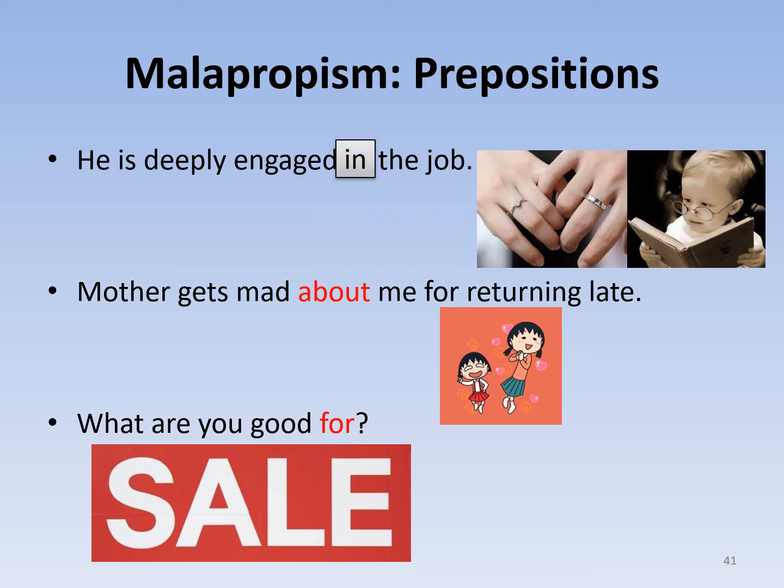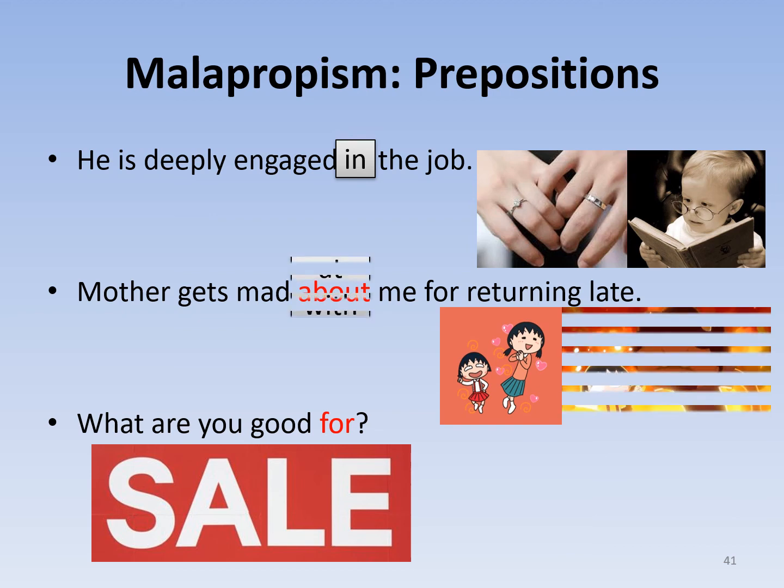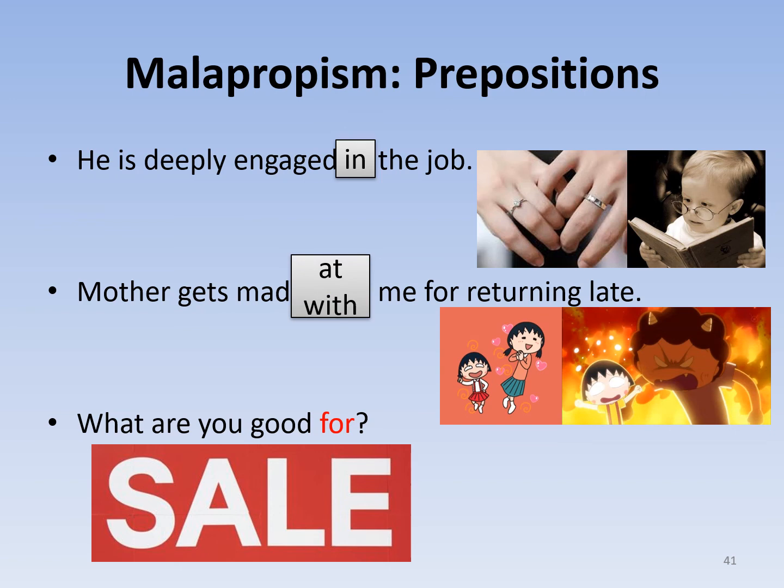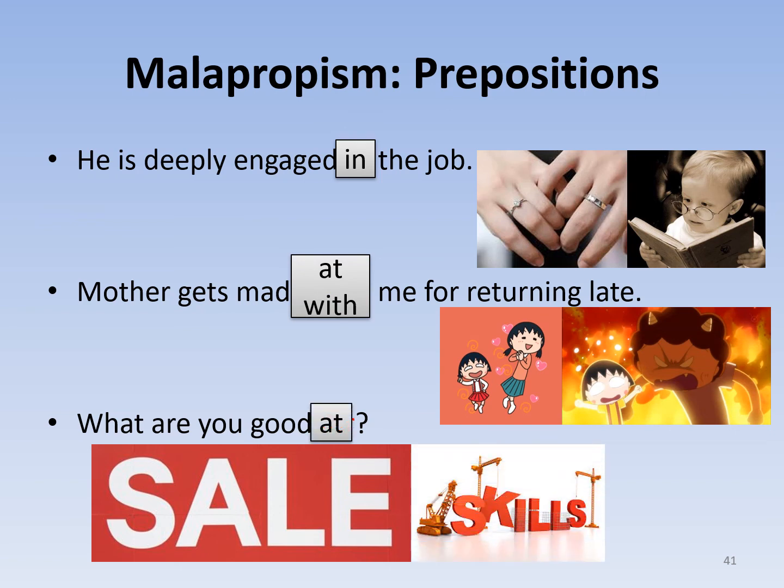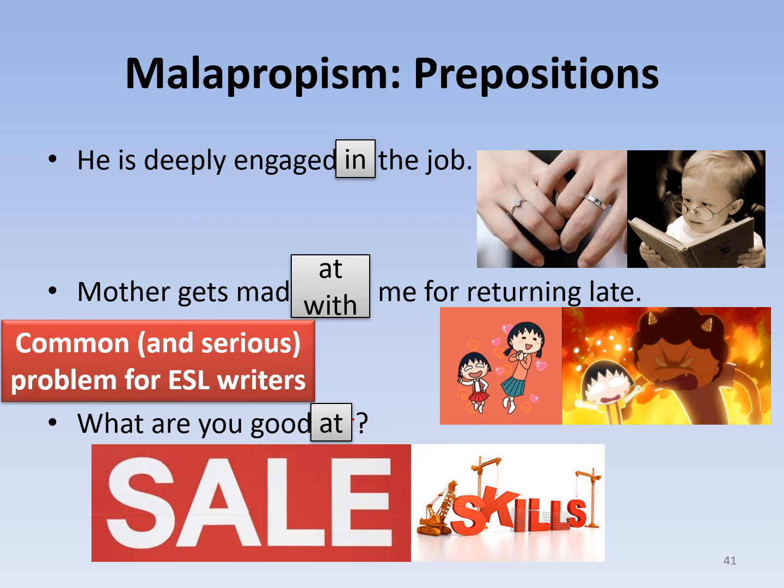So the right way to say it is "I am deeply engaged in my task, in my project," and "mom got mad at me," right? And "I am good at some skills that I learned in the lab." And this is a common problem for speakers that do not speak English as their native language.